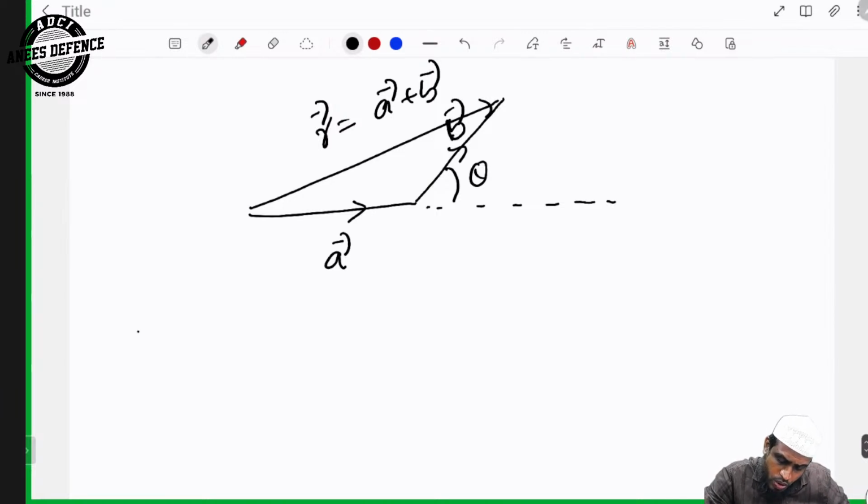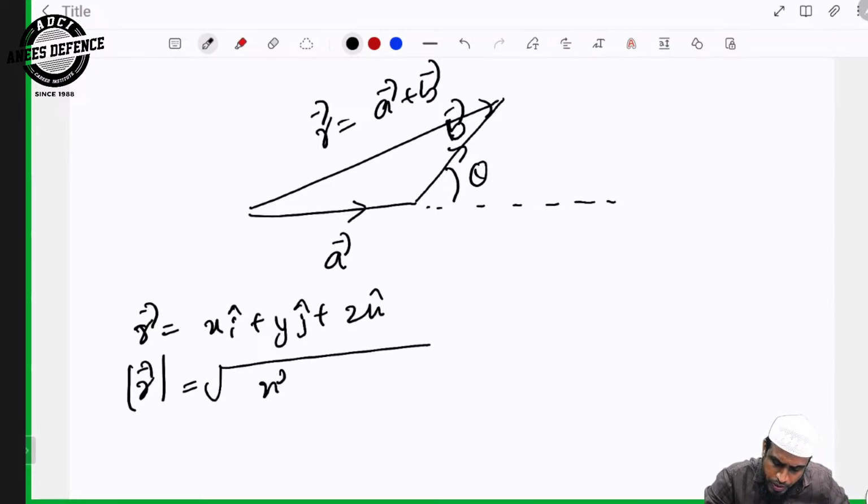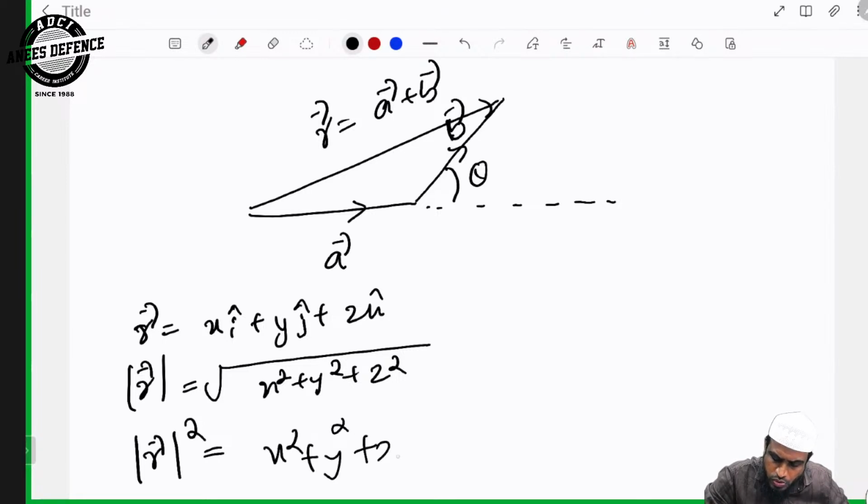For example, if you have a vector xi plus yj plus zk, the magnitude is the root of x square plus y square plus z square. So magnitude square is x square plus y square plus z square, because we can remove the under root by squaring on both sides.